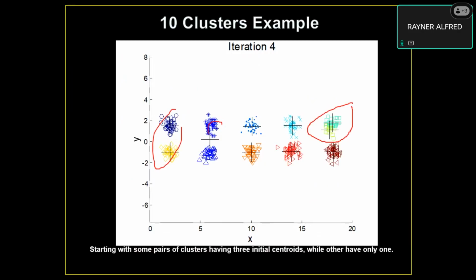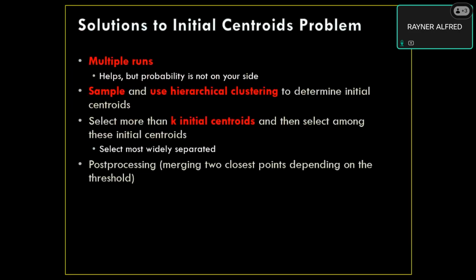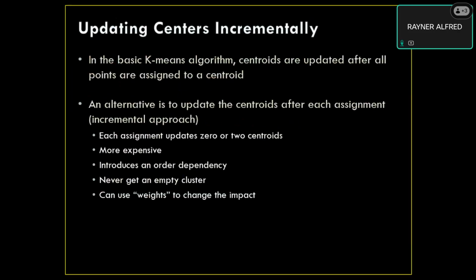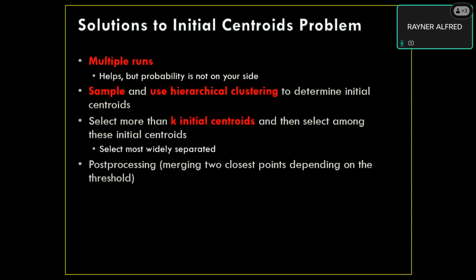So that means they are split into 2. So just to give you the idea that sometimes we get good, sometimes we do not get good clusters. So they say it is good to have multiple runs, or you can use hierarchical, because in hierarchical, you just cut across to find the clusters and they have their own centroid.